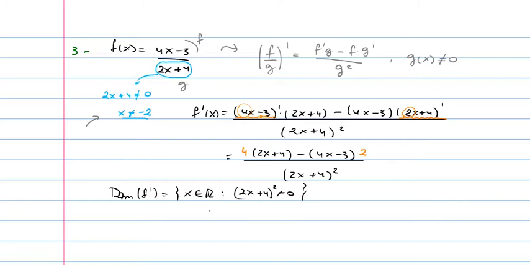This is different to 0 whenever 2x plus 4 is different to 0. And this is whenever x is different to minus 2. So f is differentiable everywhere except when x is equal to minus 2.